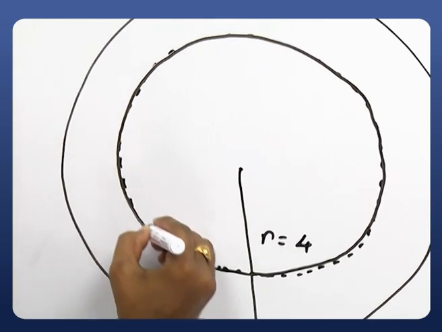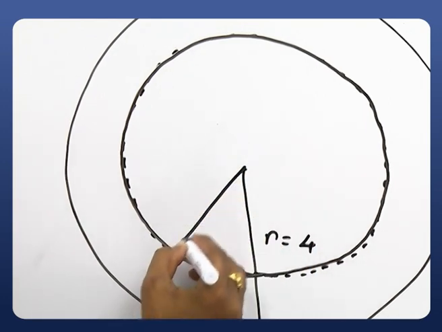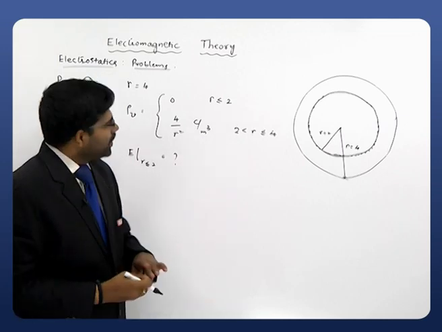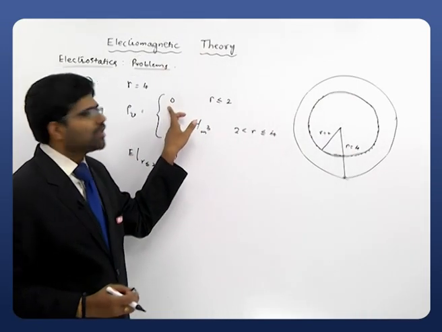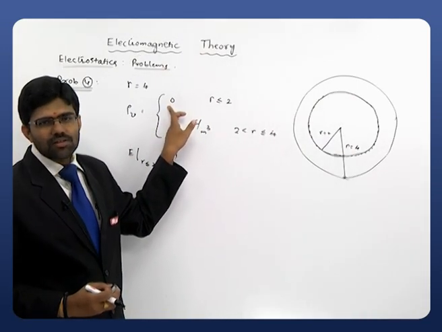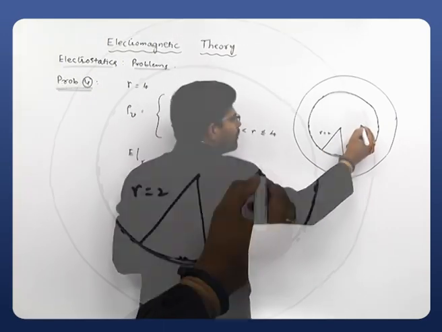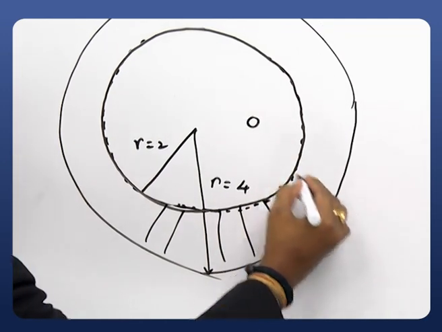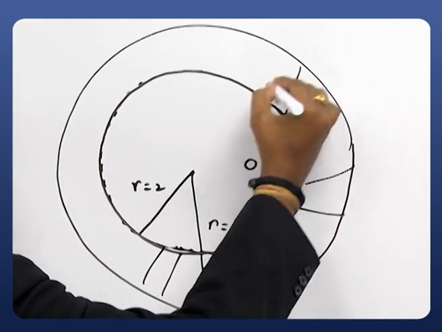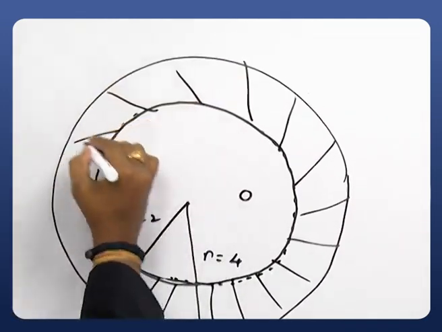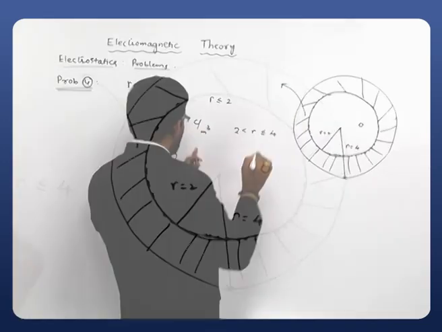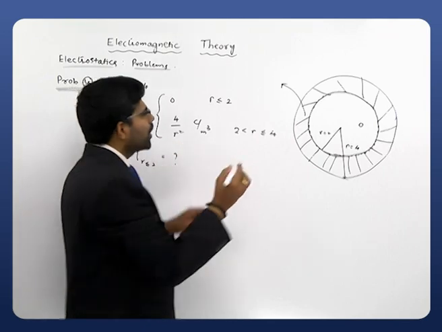This is r equals 2. In that inner sphere we have a zero charge region, a zero charge distribution, and within the remaining space the volume charge density is defined with that expression, that is 4 by r square coulomb per meter cube.